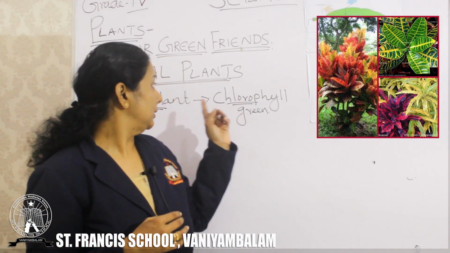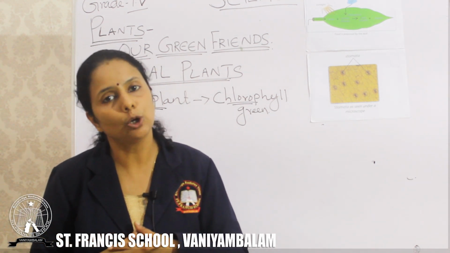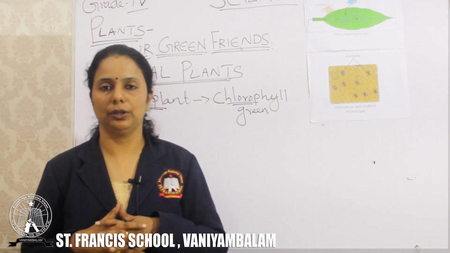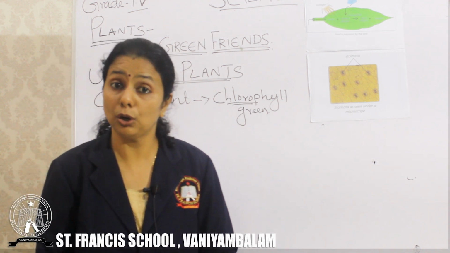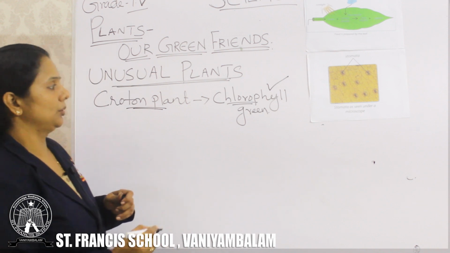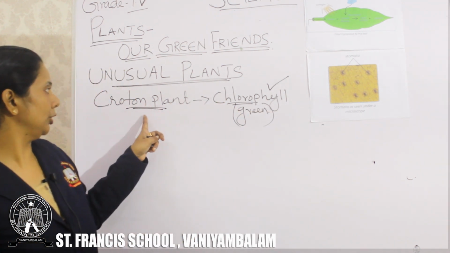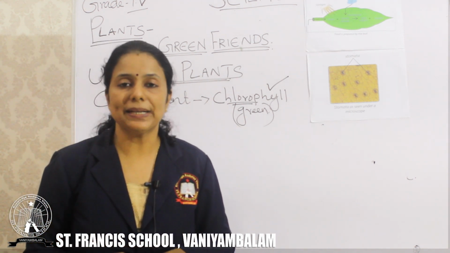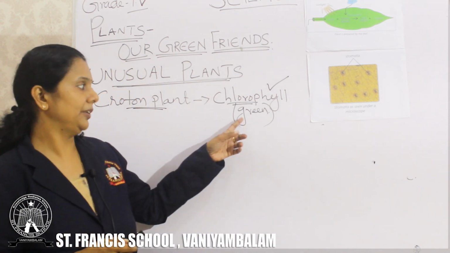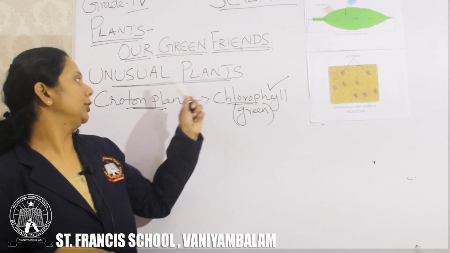But still, the chlorophyll is present in the leaves of croton plants. As I told you, croton plants contain chlorophyll, so they can perform photosynthesis and prepare their own food. We cannot see the color of the chlorophyll because of the other pigments, but it is still present.